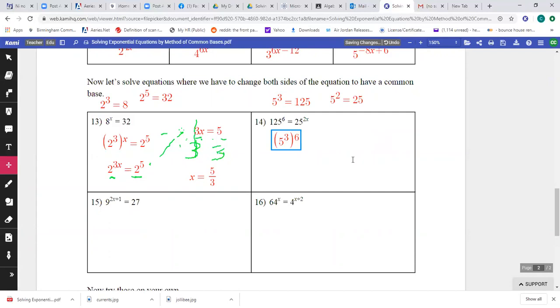So you see what I did here? 125 gets replaced by 5 to the third, and I'm still taking it to the 6th power. And on the right side, 25 gets replaced with 5 squared, but I still take this to the 2x power, right?